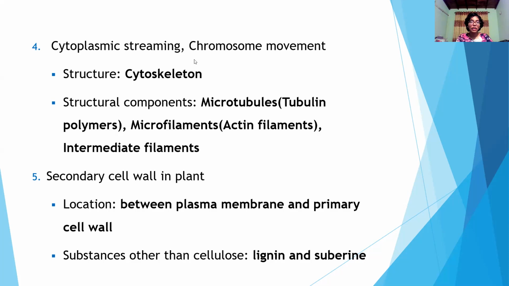But if they asked which structural component is involved in cytoplasmic streaming, then you would say it is actin filaments. And which structural component is involved in chromosome movement, then you might say it is microtubules. But they have asked which are the structural components of the cytoskeleton. Then you must include all three: microtubules, microfilaments, and intermediate filaments.